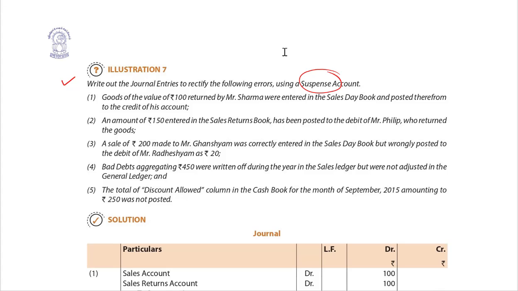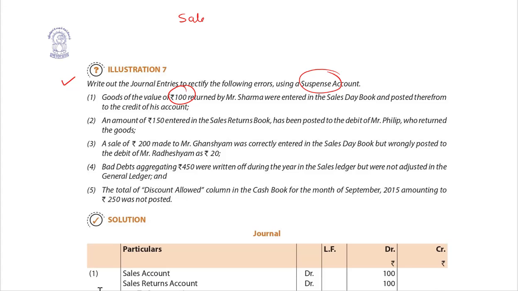First, goods of the value 100 returned by Mr. Sharma were entered in the sales day book and posted therefrom to the credit of his account. As you can see over here, goods of the value 100 returned by Mr. Sharma.